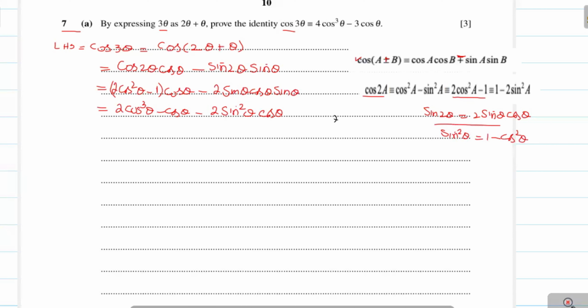This formula is also given in the formula sheet. Now we put the value of sin²θ, we write 2 into (1 minus cos²θ), and we write the other values as it is.